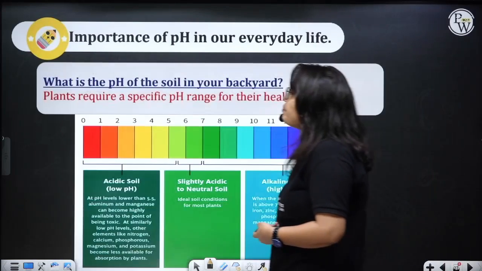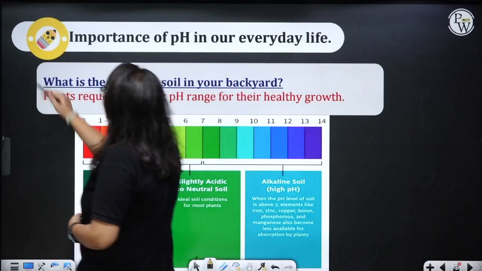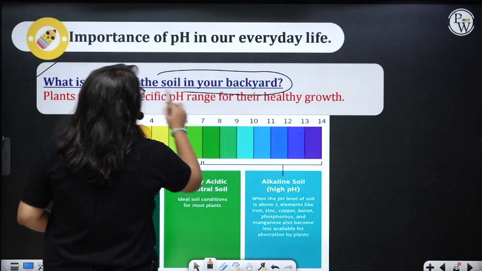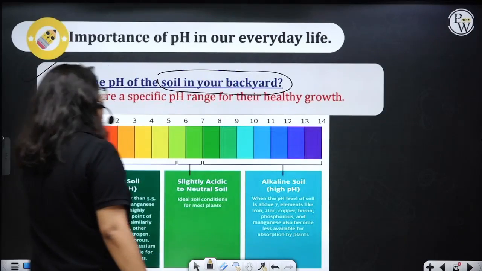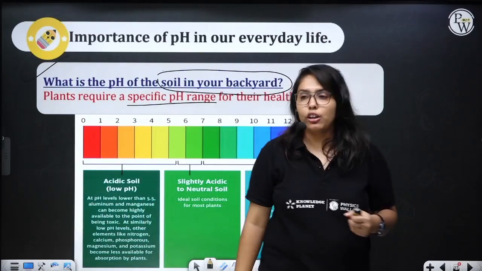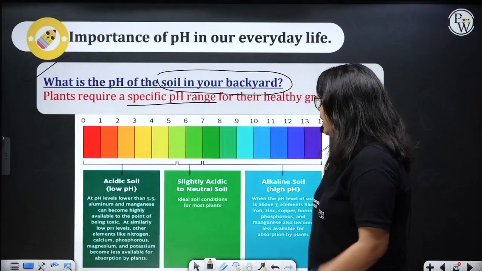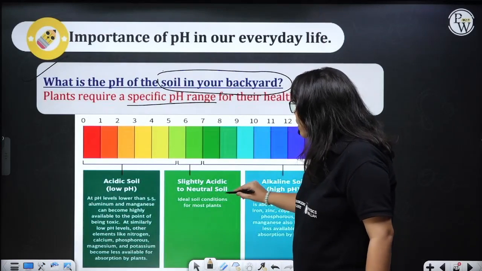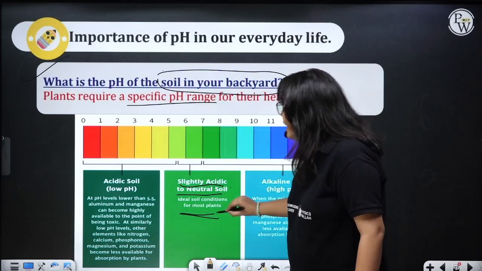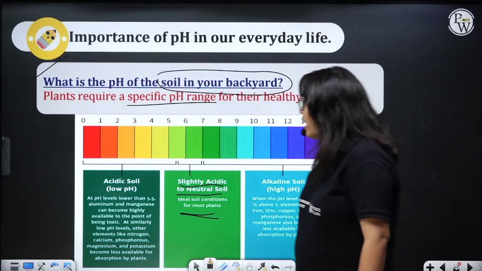And now, what is the pH of the soil in your backyard? Plants also require a very specific pH range for their healthy growth. What kind of pH do they like? Slightly acidic to neutral soil is said to be ideal for plants.